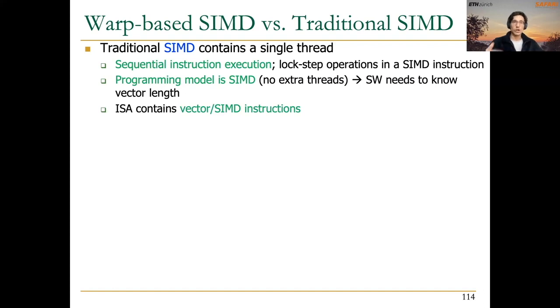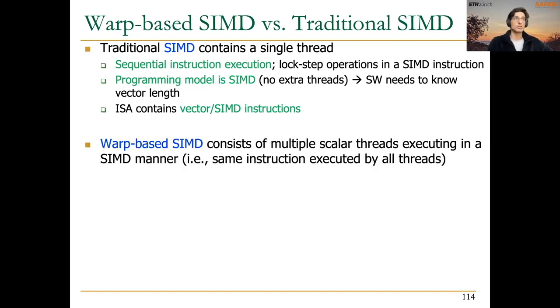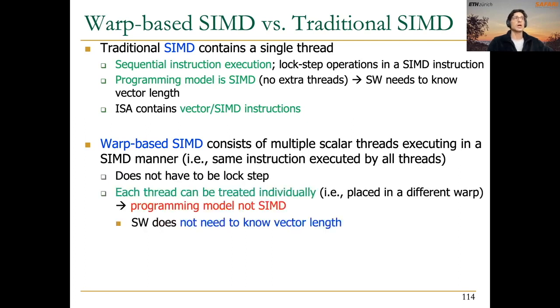Instructions are executed in lockstep. All lanes go at the same time. The programming model is SIMD because we are not using more than one thread, but we use vector and SIMD instructions. In the case of the warp-based SIMD, we can treat all threads individually.